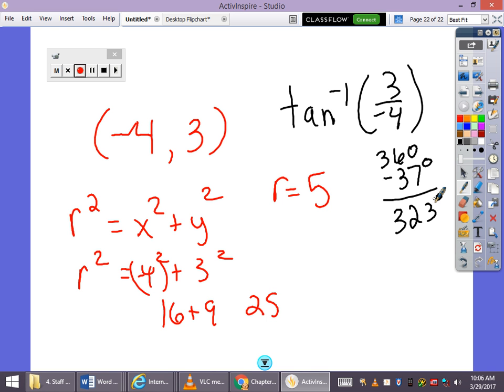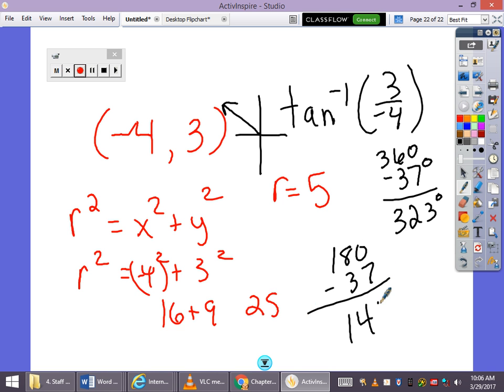But what quadrant am I supposed to be in? The second quadrant. So what is 37 degrees off of the second quadrant? 143. So which one am I going to choose? 143.